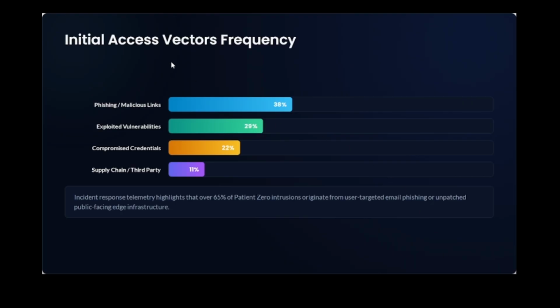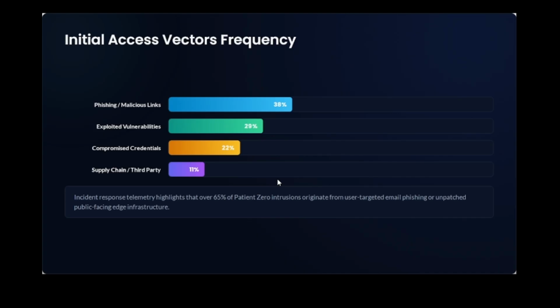That's what you should be looking for. So for frequency, again, we looked at these a little bit ago. Phishing and malicious links are running at around 38% for initial access. Exploited vulnerabilities are right behind at 29%. Compromised credentials are 22%, and supply chain and third party are down around 11%.